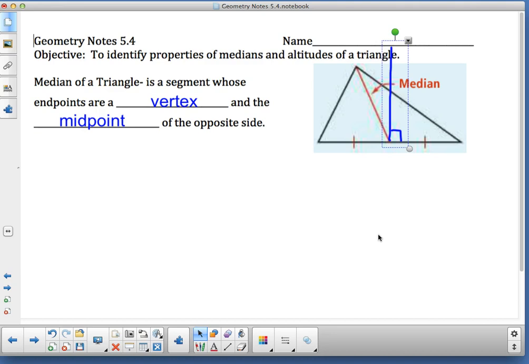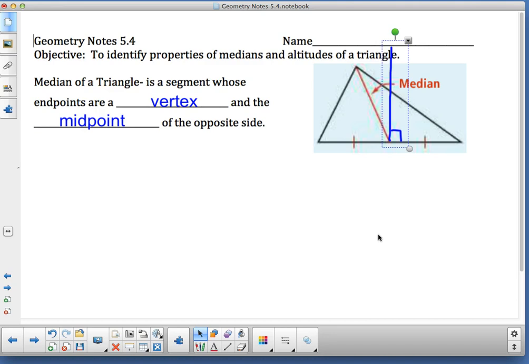So this is something we can find out, know, and use when we're looking at problems. One of the things we need to realize today, yesterday and the day before is that we had a theme about what the points did. The circumcenter is made by perpendicular bisectors, and the distance to the vertices is the same.